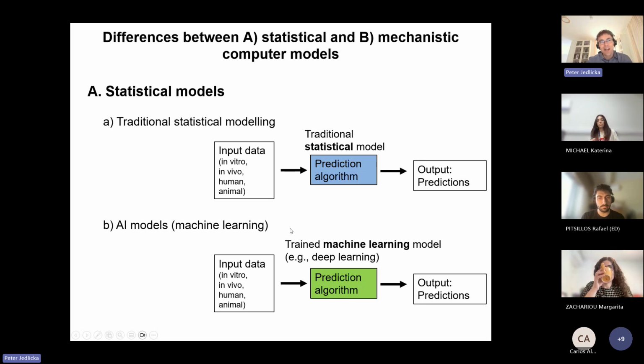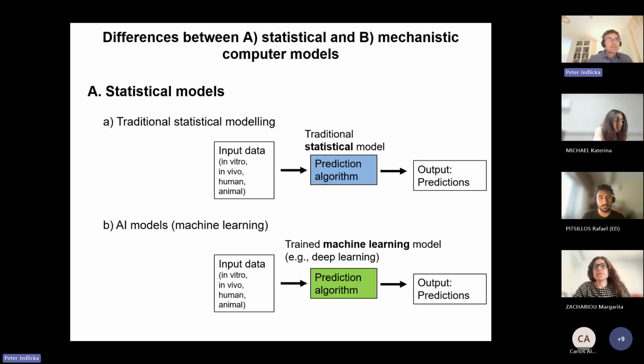That's the case of AI, for example, deep learning, deep network models. If you capture the statistical relationships in the training data, this allows you to predict new outputs also for untrained data.